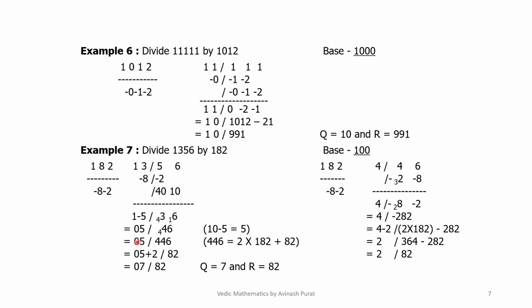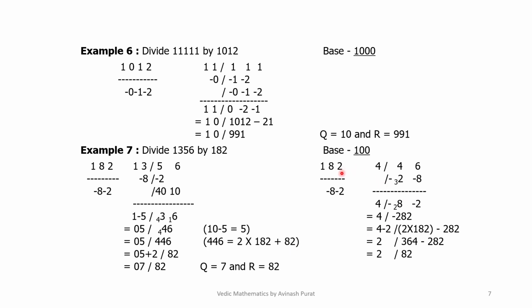So 05 stroke 446. Now 446 is 2 multiplied by 182 plus 82, so quotient 05 plus 2 stroke remainder 82, that is quotient 7 and remainder 82.